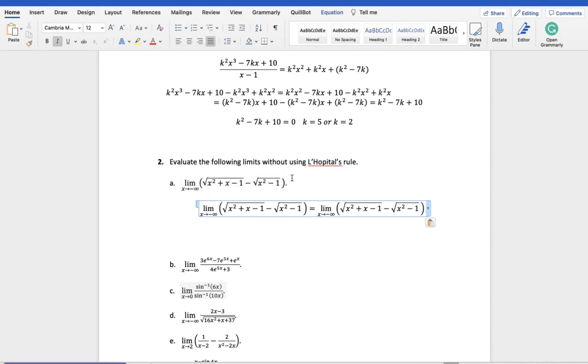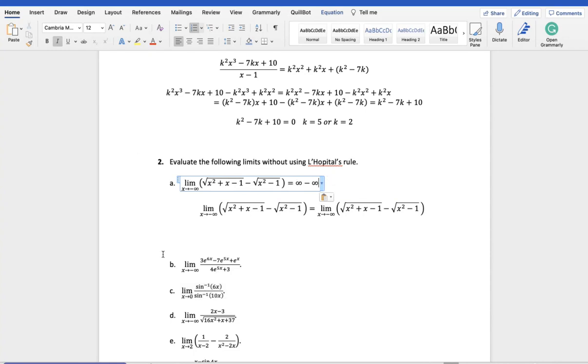As x is tending to negative infinity, if you substitute in the value of x, you'll get something like infinity minus infinity, which is an indeterminate form.